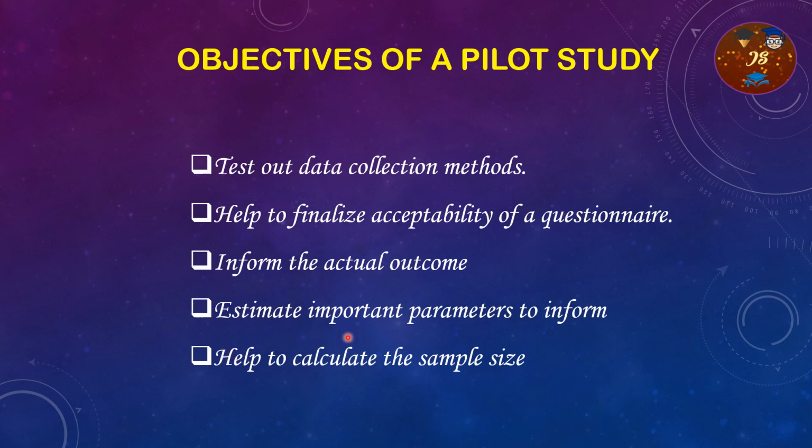Next, estimate important parameters to inform. Yes, what parameters the researcher will apply in the final work can be decided from the pilot study. Help to calculate the sample size. What maximum sample size the researcher can take for the final study can be calculated from the pilot study.